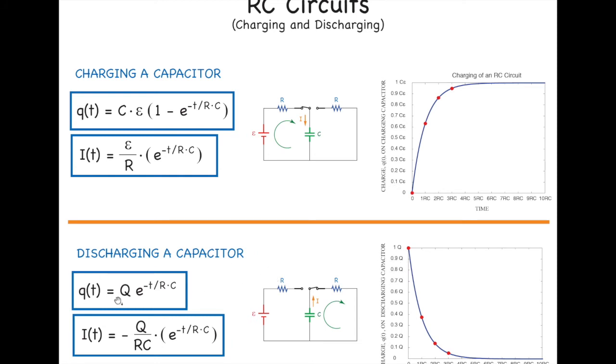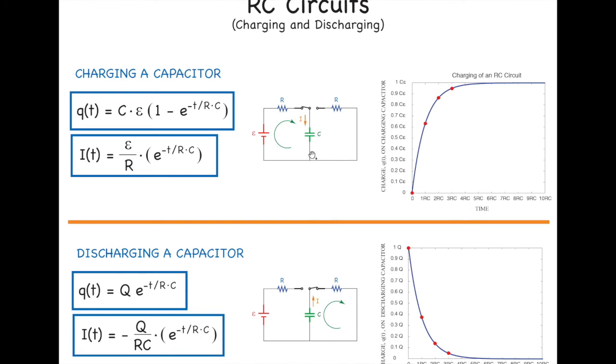Charge starts with an initial charge, big Q, right, and then decays down to 0.37 Q after one time constant, and then down to about 0.15 by the second time constant. The current actually has the same behavior.